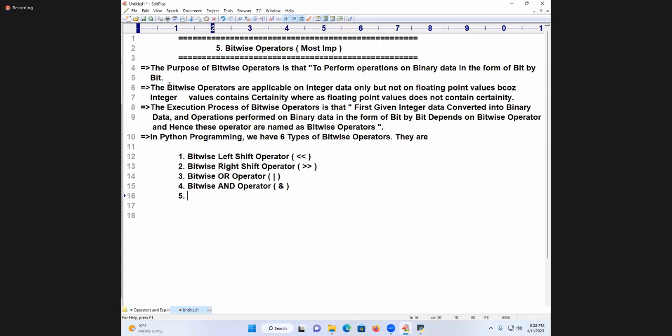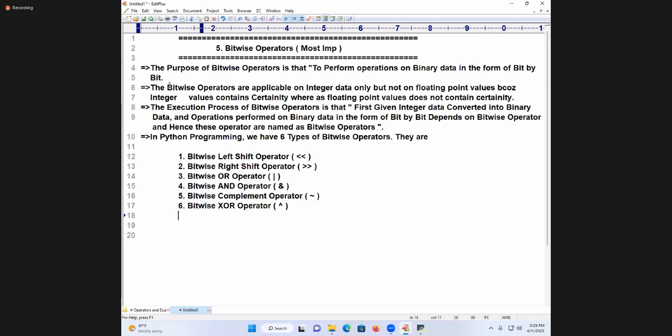So the fifth one is called what? Bitwise complement operator. I'll use the symbol called tilde. Sixth one is called what? Bitwise XOR operator. It is going to have something like this.